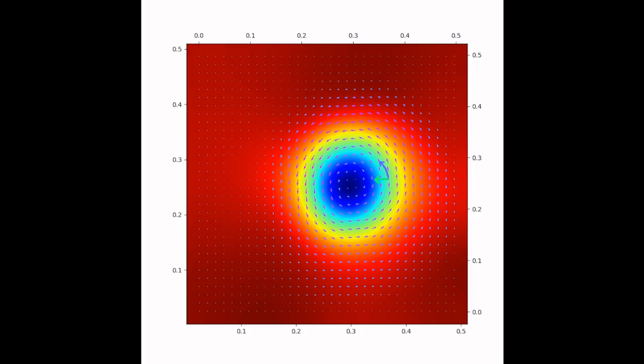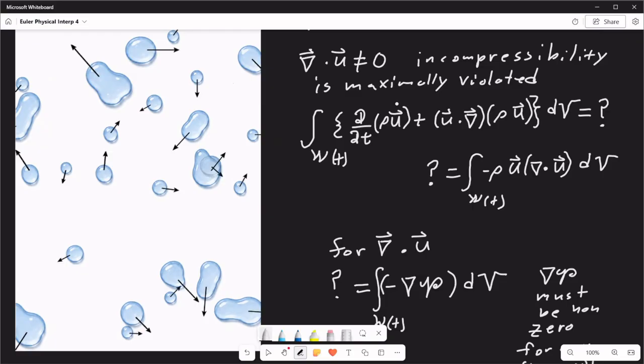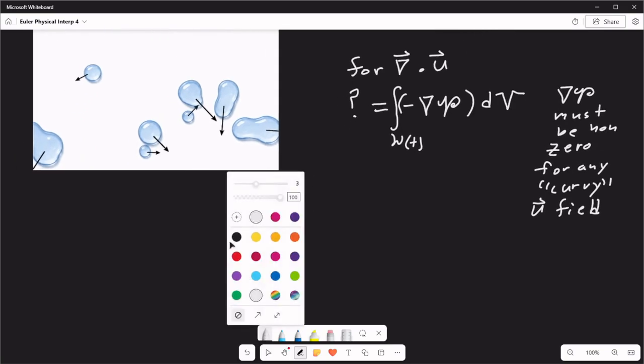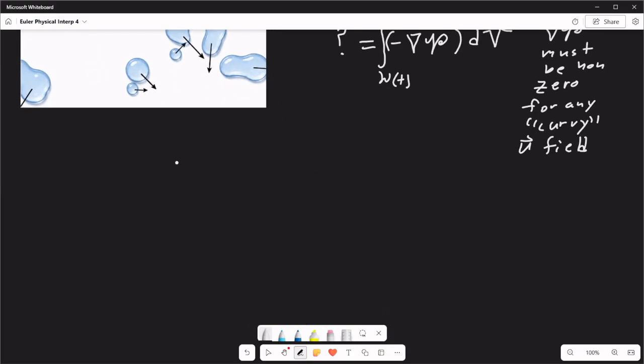And for this acceleration to exist, and in this case, this vortex does move slowly, but it almost stays in the same spot. So in this particular case, the du dt is almost 0. So basically in this case, I'm pretty much just looking at the advection versus the pressure.